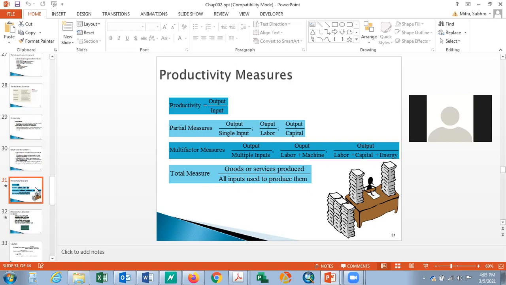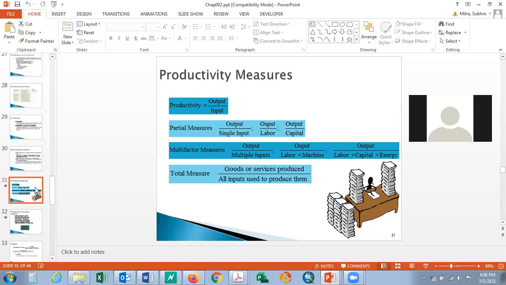Now, output can be measured as a single unit output. The same with the input. Input can be a single unit input. What do I mean by that? Input can be labor, it can be capital, it can be machine. So those are single unit inputs.